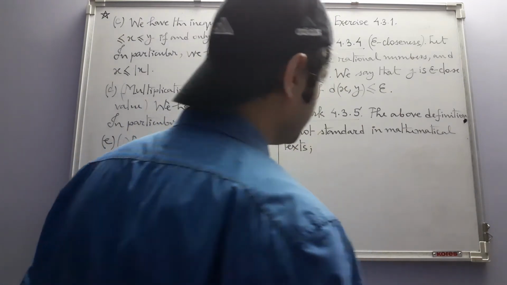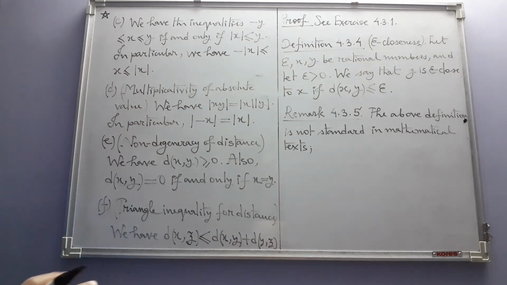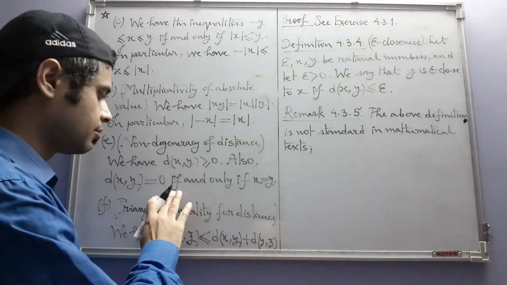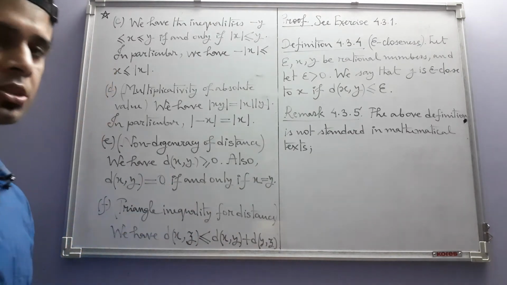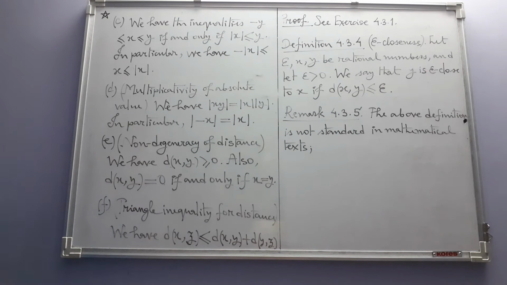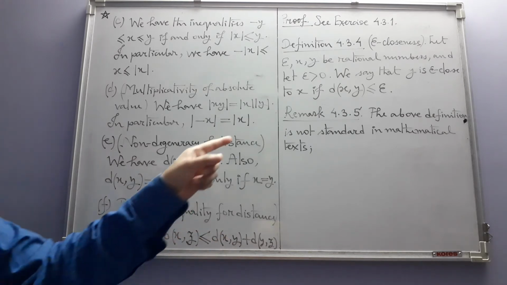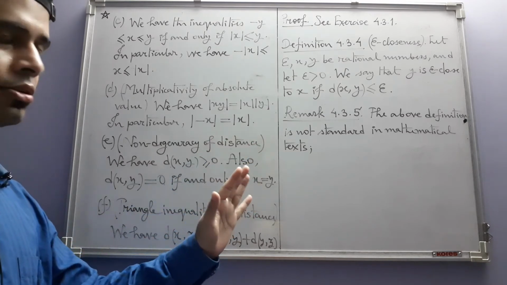Not standard means in the sense that you will likely not find this definition in any other text, unlike rational numbers. For example, everyone recognizes rational numbers and everyone knows what a rational number is, and the definition is unanimously, universally accepted. So this epsilon closeness is not something like that.